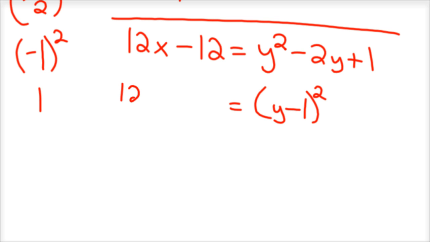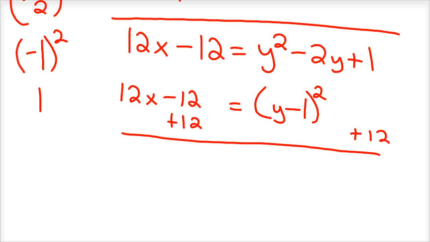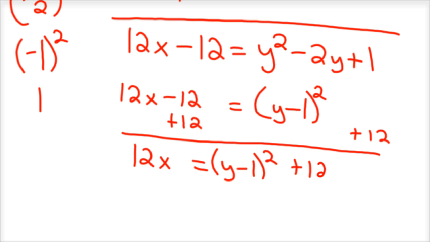So then you've got 12x minus 12. Now we're going to go ahead and solve for x, so I'll add 12 to the other side. And so I'd have 12x equals y minus 1 squared plus 12. Then I divide everything by 12.